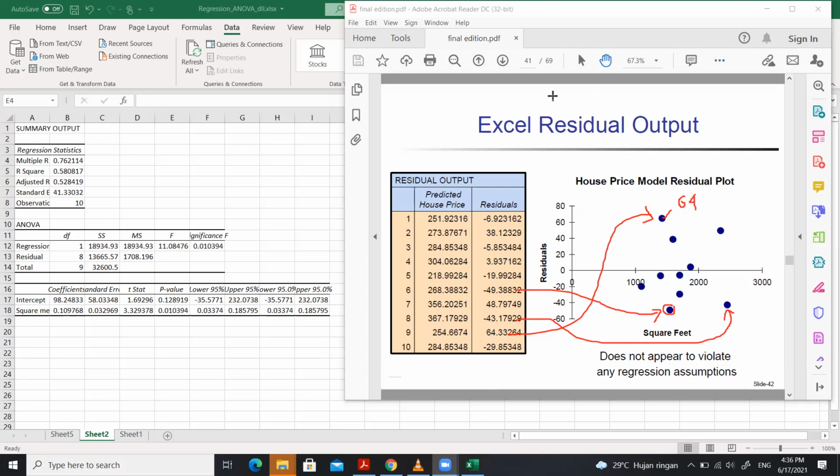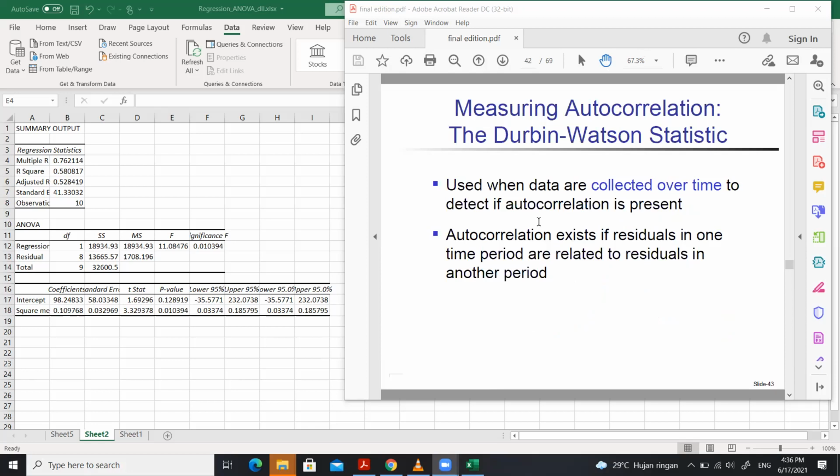Is there any problem with plotting the residual? I think no, sir. Okay, if there is no problem, then we can move forward.